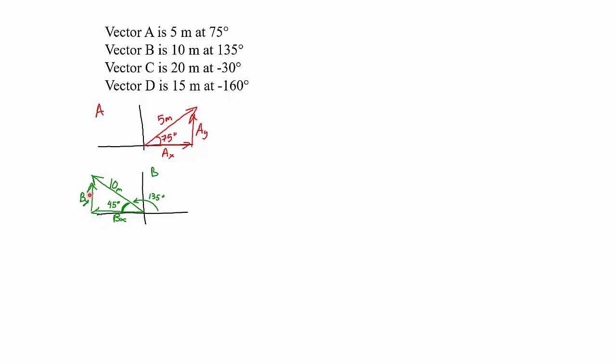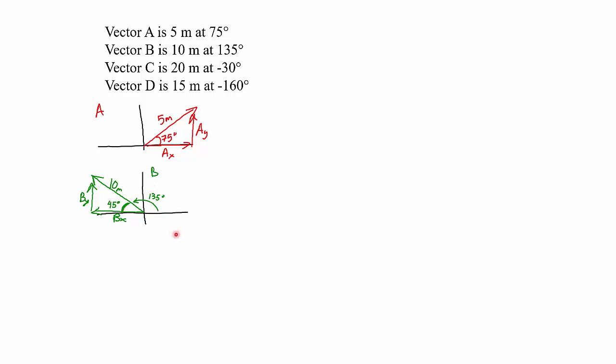When I sketch out my components, I have an x component that's pointing to the left and a y component that's pointing up. That's going to be important when I go to calculate those components because I need to include the positive and negative signs for my components. My reference angle, this angle that's inside the right triangle, is 45 degrees. It's 180 minus this 135.